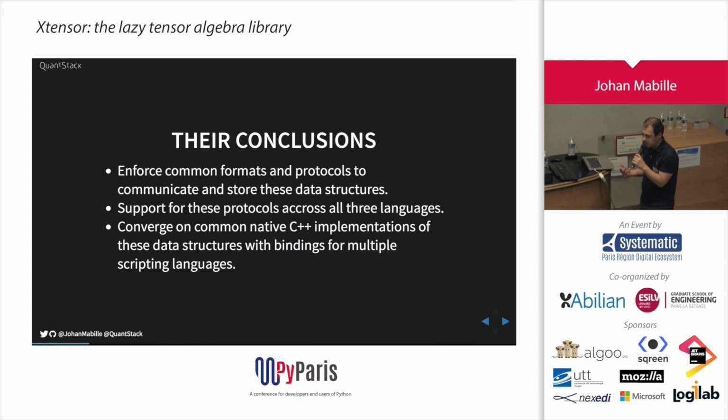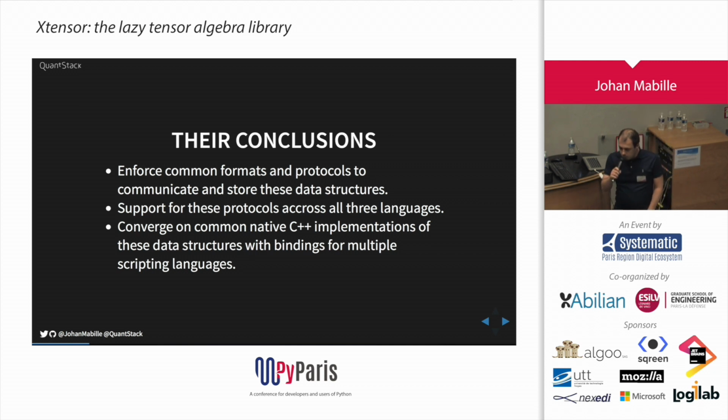So that means that you should be able to instantiate, let's say, data frames in R and work on it, and have the same data available in pandas, for instance, without any copy or things like that. But one of the most important conclusions is that all these three languages are built upon C or C++.